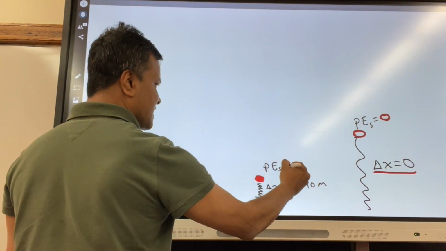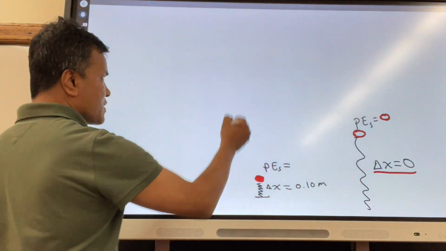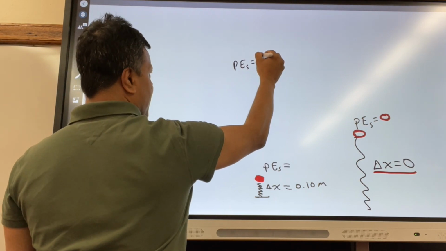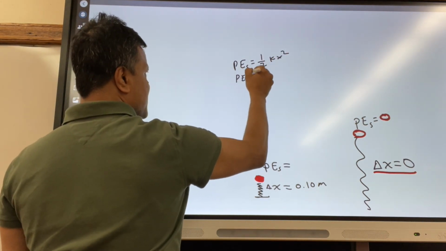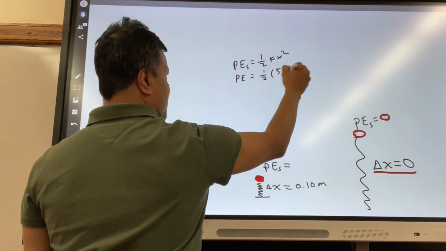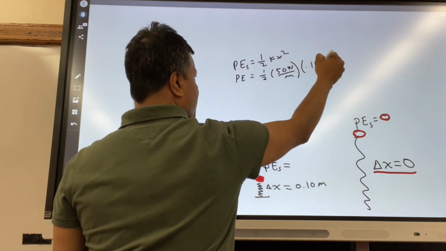A spring potential energy? Yes, of course I do. Let's find how much. So the potential energy is equal to half kx square. Let's say k is 50 Newton over meter, and this is 0.1 meter square.